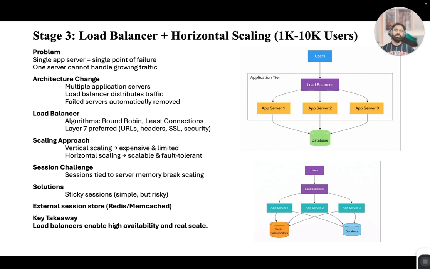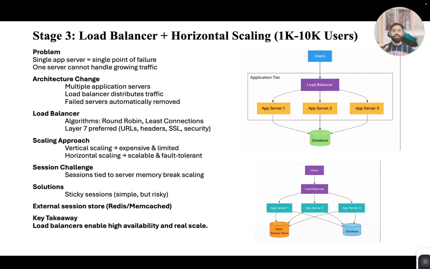Layer 4 is the transport layer, and layer 7 is the application layer. Layer 4 routes based on IP endpoints, and it is very fast but cannot inspect the HTTP data. Layer 7, the application layer, understands the URL, headers, and cookies, and is slightly slower but far more powerful.